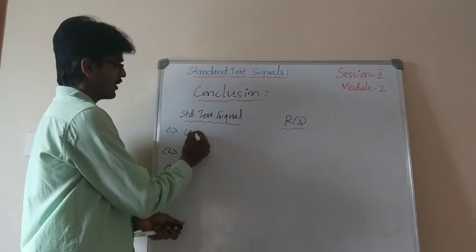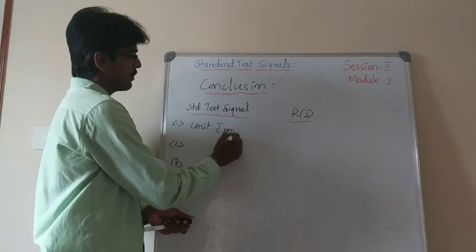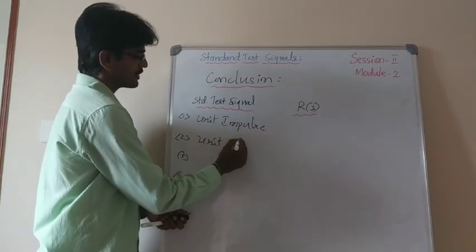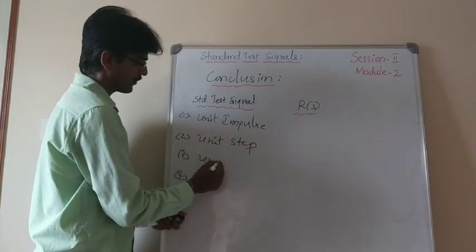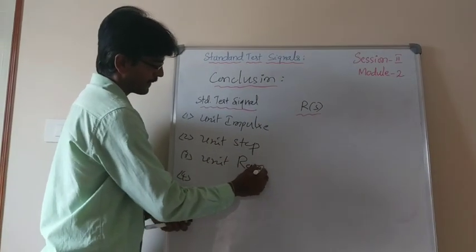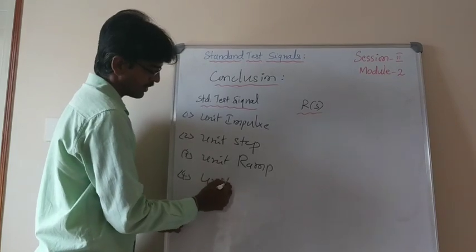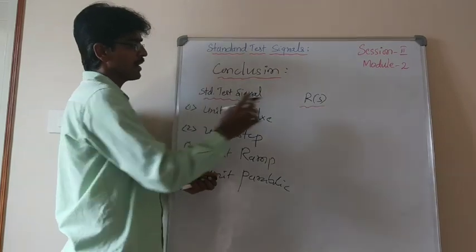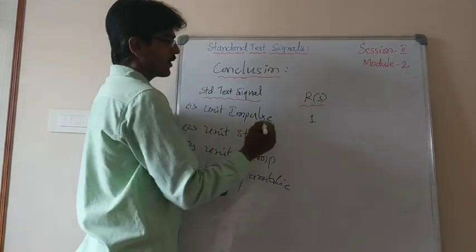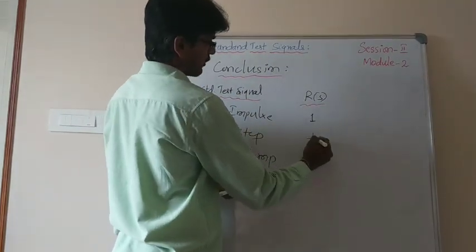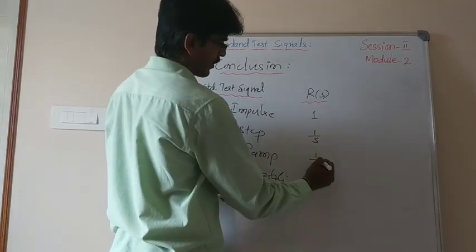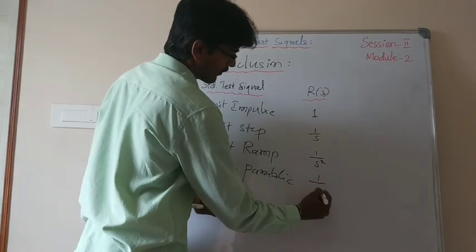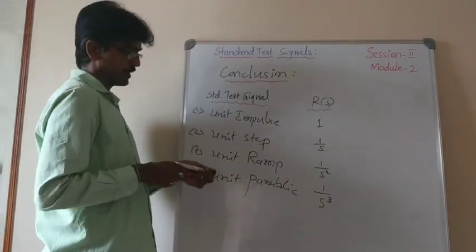First one is unit impulse signal, then unit step signal, unit ramp, unit parabolic. So for these, r of s value is 1, step 1 by s, ramp 1 by s square, and parabolic 1 by s cube.